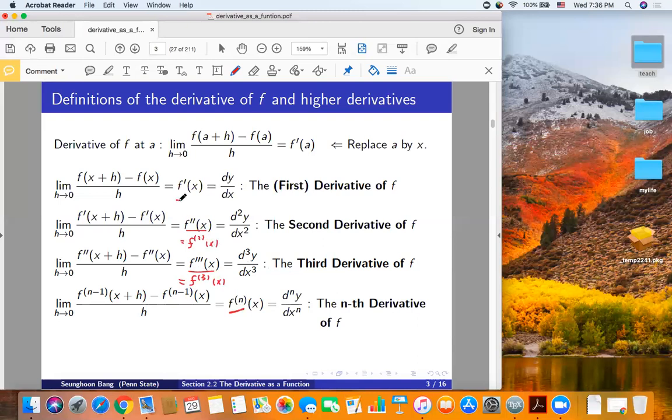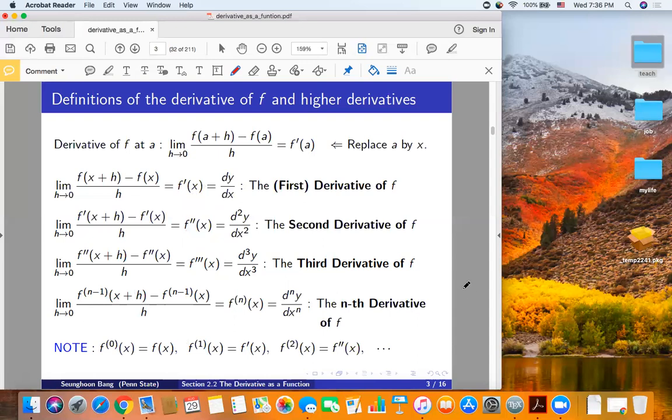And this one uses the notation for the first derivative. One more: what is the zeroth derivative? The zeroth derivative is exactly the same as just f of x. This is the zeroth derivative. We use this notation, like this.